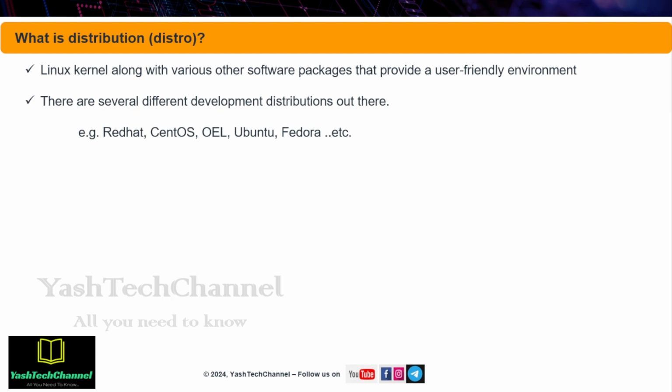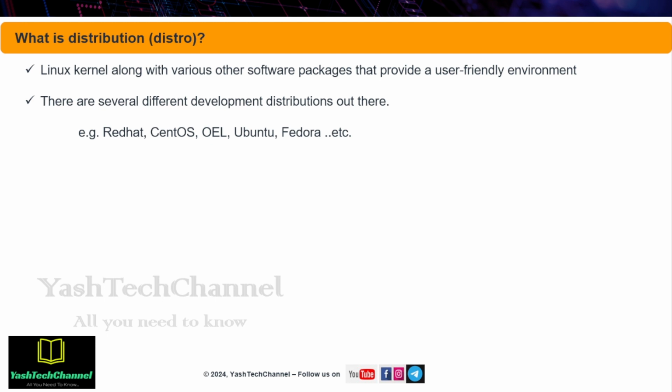And we have Debian OS and the Arch Linux OS. We have a few more like OpenSUSE. There are many out there, but in real world cases, most likely you will see Red Hat first, then maybe Ubuntu, then maybe Oracle Linux.